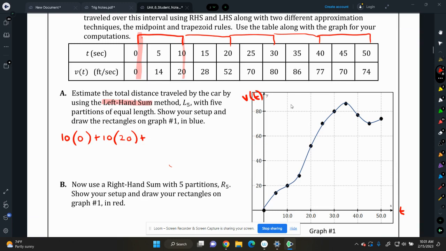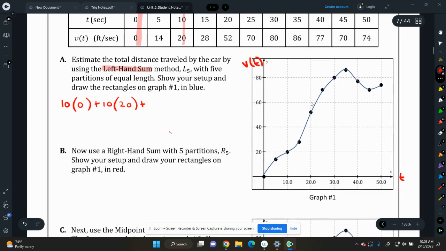Okay. Let's look at it on the graph. 0 to 10, and we're doing the left Riemann. So that first rectangle is actually just right here. This is the first rectangle down here. It has a height of 0. The next rectangle is right here, and then the next one is here.